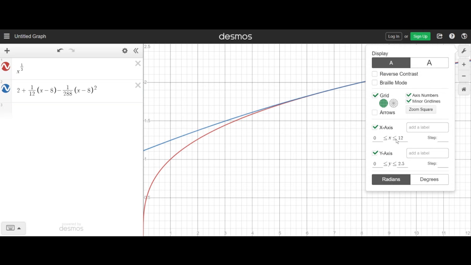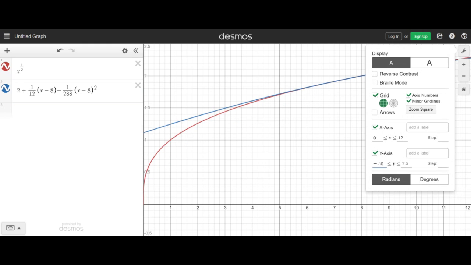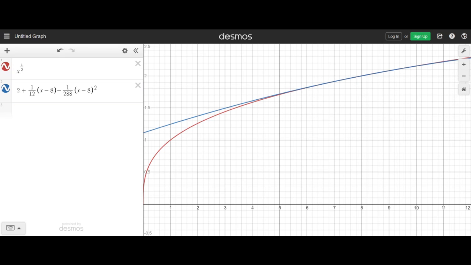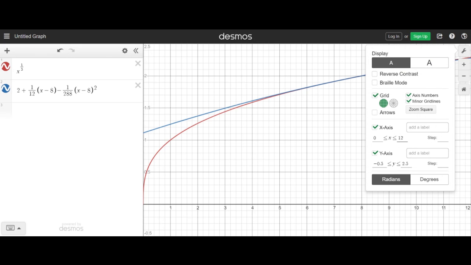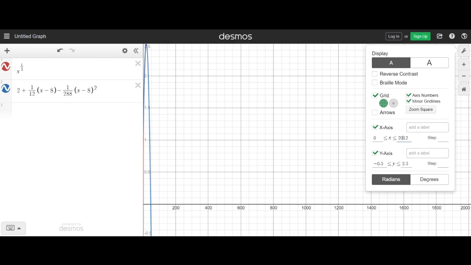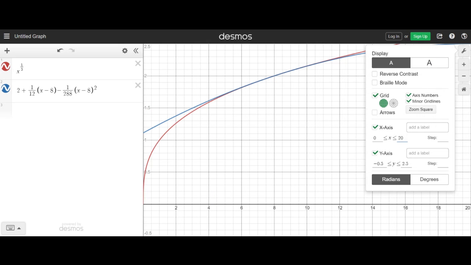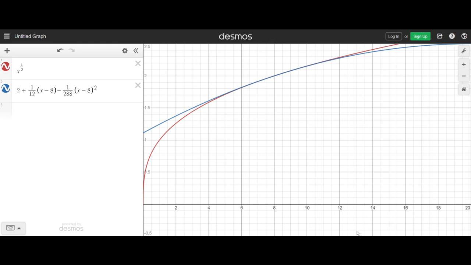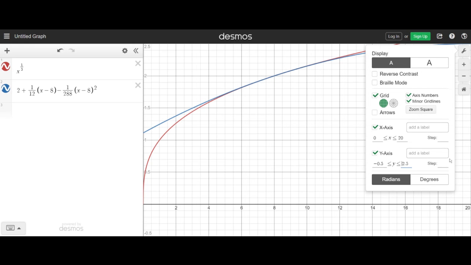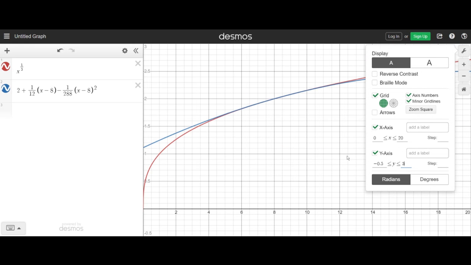Let me go back to my wrench. The y-axis, let me go down from -0.5, I like having my x-axis show. So, I think I can increase my window even more. We went from 0 to 12. Why don't we go from 0 to 20. Hold on, I've got to do a little more than that. Then the y-axis, I'll make that like 3.